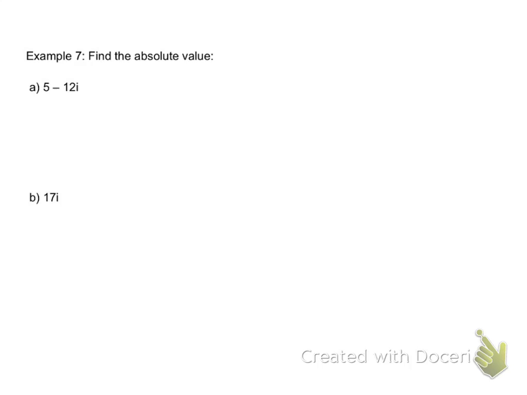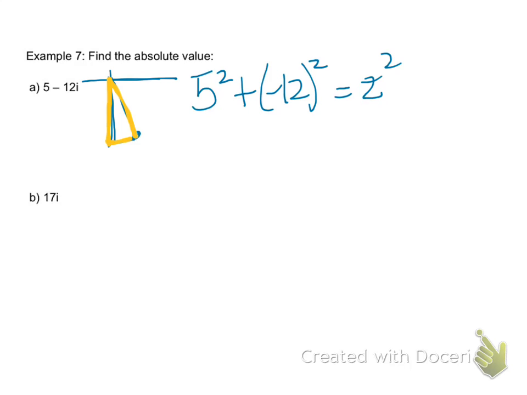Alright, so let's find the absolute value. If we think about how these are graphed, if we go over 5 on the real axis and down 12 on the imaginary axis, then we could draw a triangle. We're trying to find this distance. So we have our real distance and our imaginary distance.